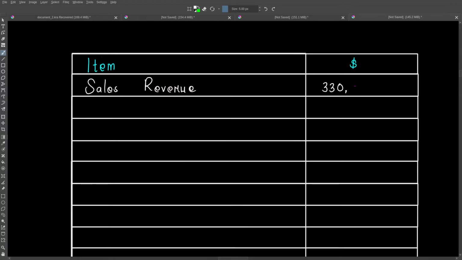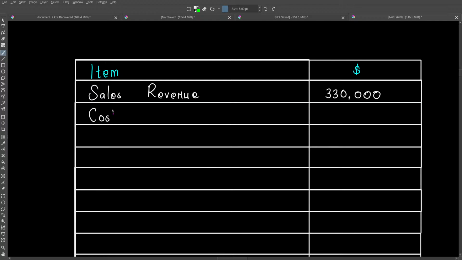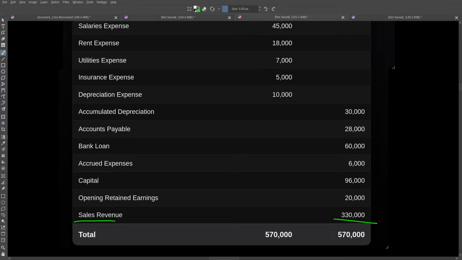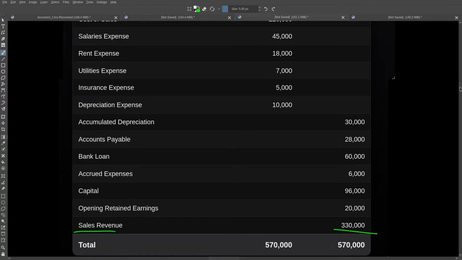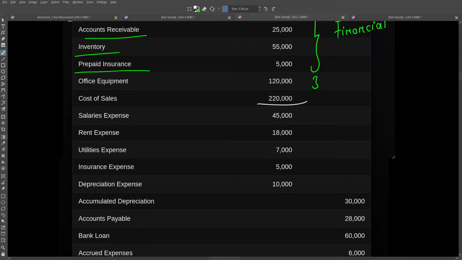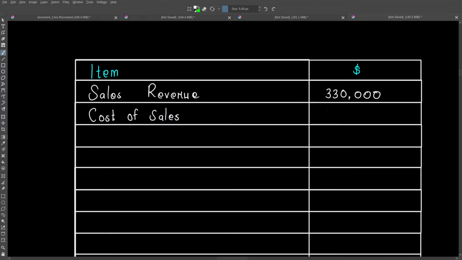And then from there, we less cost of sales. When we less cost of sales, we are able to get the gross profit. What is our cost of sales? We are given here the cost of sales as 220,000.